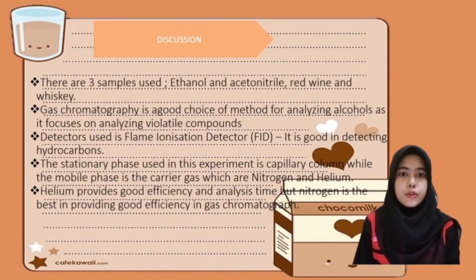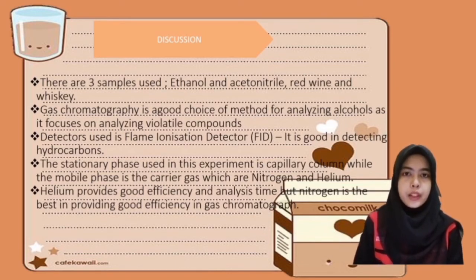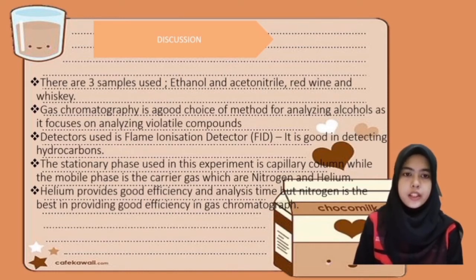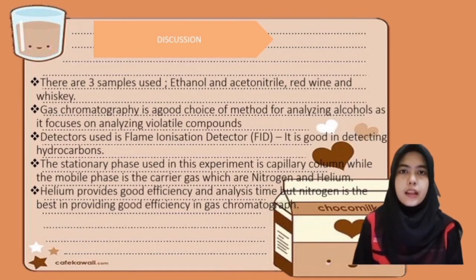There are three samples used, which are ethanol and acetonitrile, red wine, and whiskey. Gas chromatography is a good choice of method for analyzing alcohol, as it focuses on analyzing volatile compounds. The detector used in this experiment is the flame ionization detector (FID), as it is good at detecting hydrocarbons.